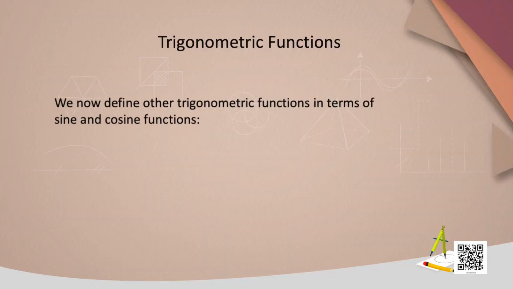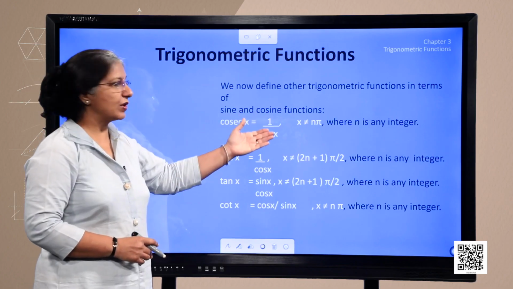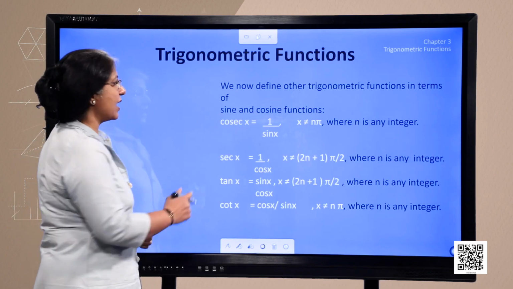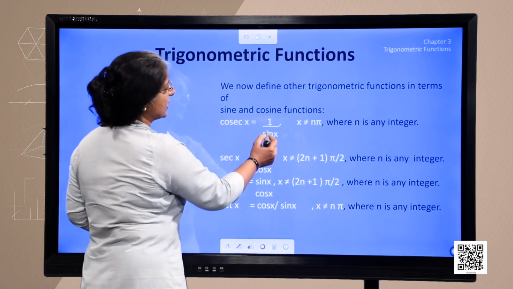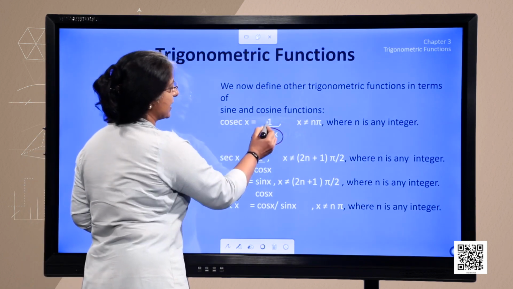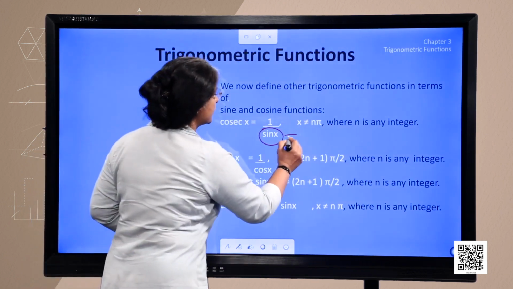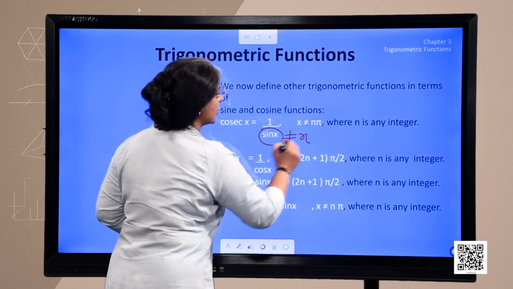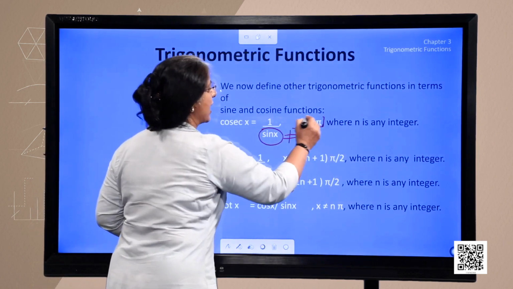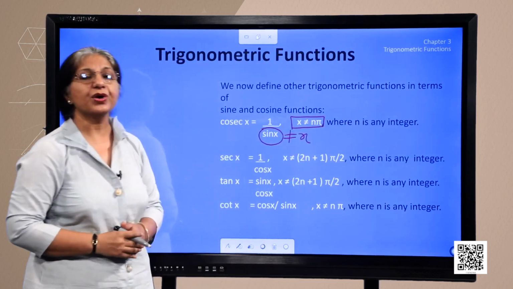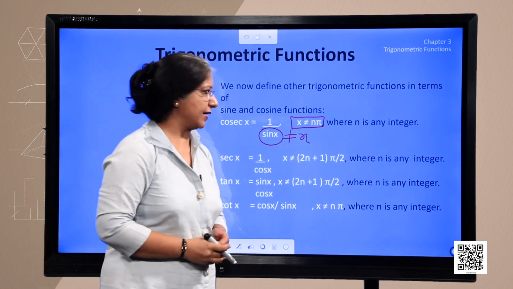Now, we define other trigonometric functions in terms of sine and cosine functions. As you know, cosec x is equal to 1 upon sin x. Now, cosec x is in the form of a rational number where the denominator is sin x and the denominator should not be equal to 0. So, sin x should not be equal to 0, for that we need to have x not equal to an integral multiple of pi.